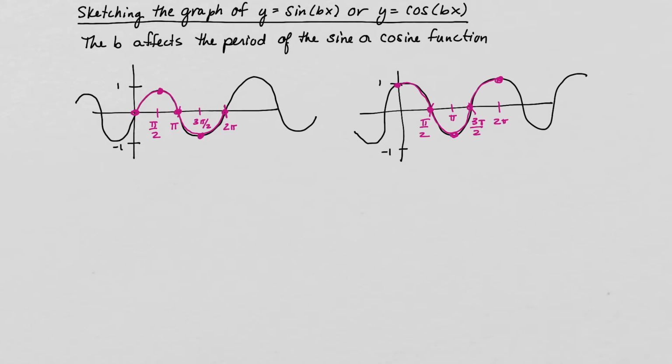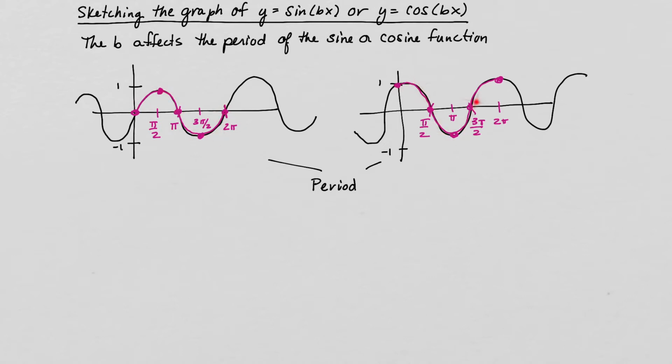So in both of these two graphs here, the period is how long it takes for one complete wave. So I start here, and it takes this long to get back to that same point again, to complete one iteration of the wave.